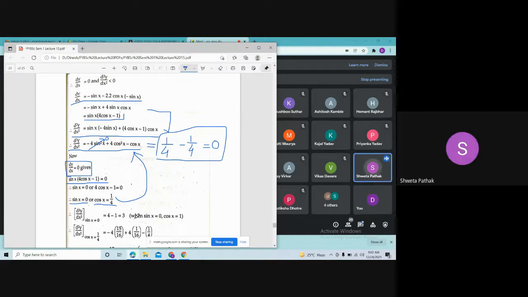Sir, it will be 1/8 where you have written 1/4. See that is cos square x. So 1/4 का स्क्वायर आएगा 1/16. So 1/16 को अगर हम 4 से डिवाइड करेंगे तो 1/4 ही आएगा. Check the double derivative whether they have written it correctly or not.